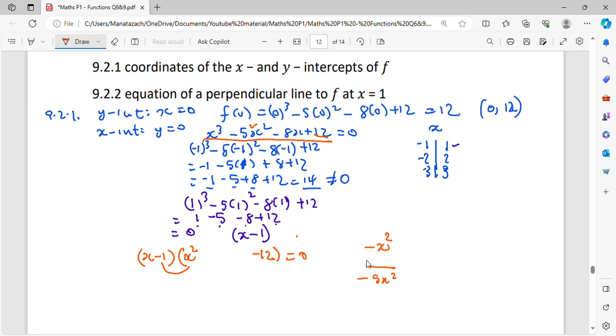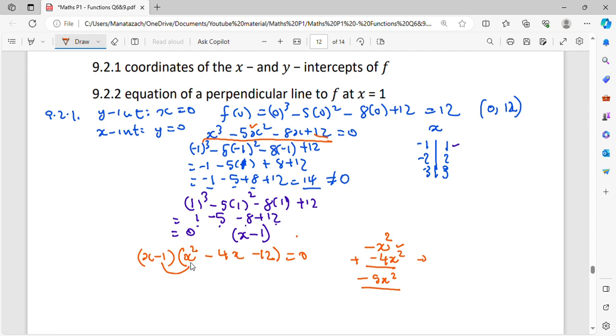So which number are you going to add to minus x squared to give you minus 5? If you add minus 4x squared, it's going to give us minus 5x squared. So basically you're going to take 4x, so here the middle term will be minus 4x.